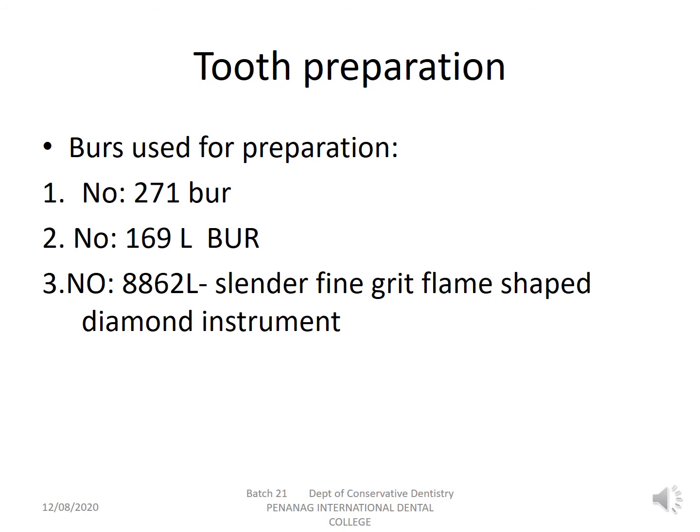The 169L bur is used for the preparation of the proximal box. The 8862 slender fine grit flame shaped diamond instrument is used for preparation of the bevels, usually the occlusal, gingival and the proximal flares.